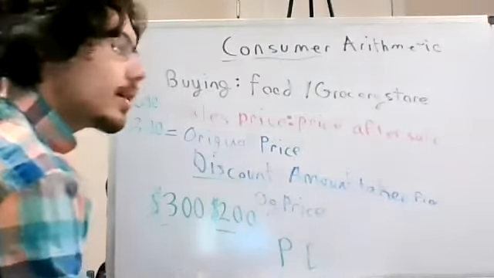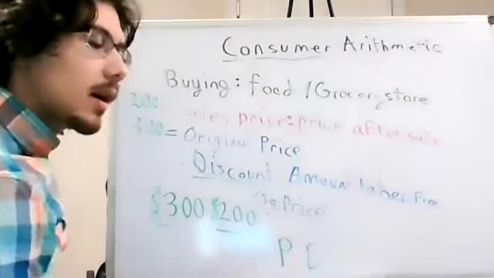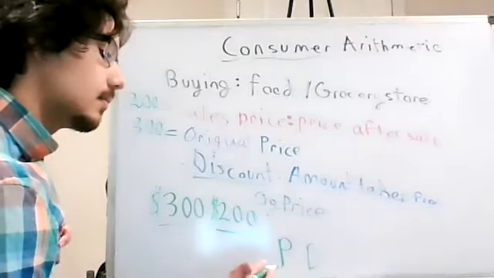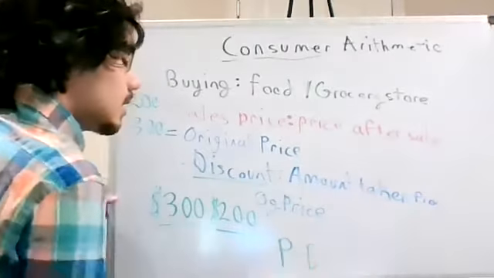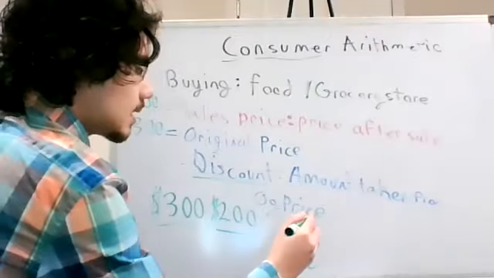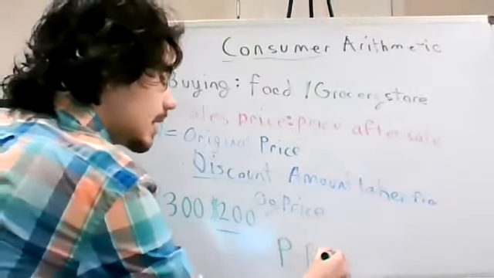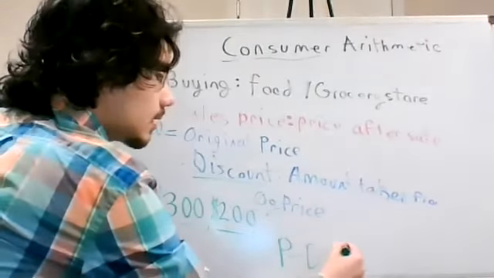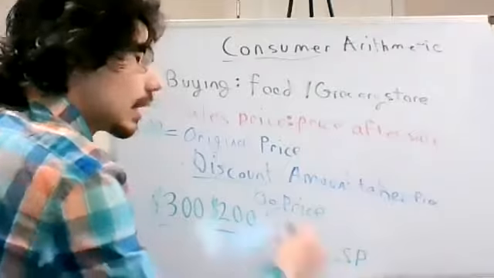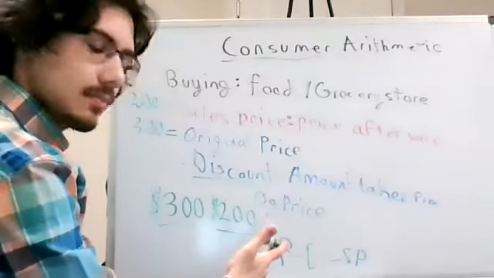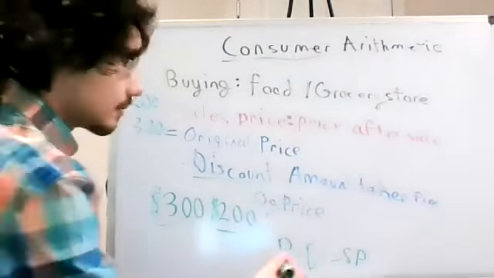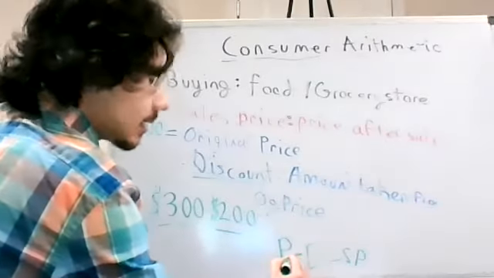And what did we do with the discount once we found out what it was? We subtract it from the original price. Very good. So the price subtracted by the discount equals the sales price. Does that make sense? Yes, sir.